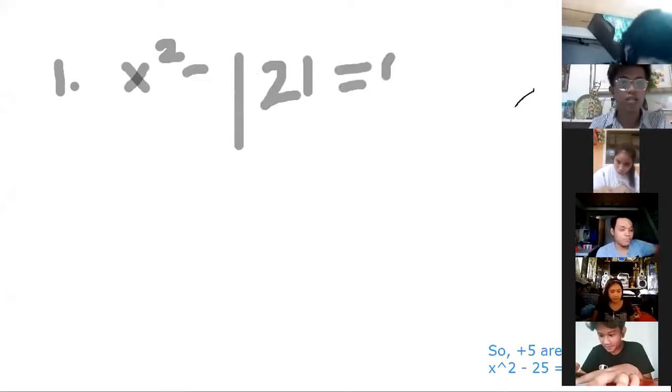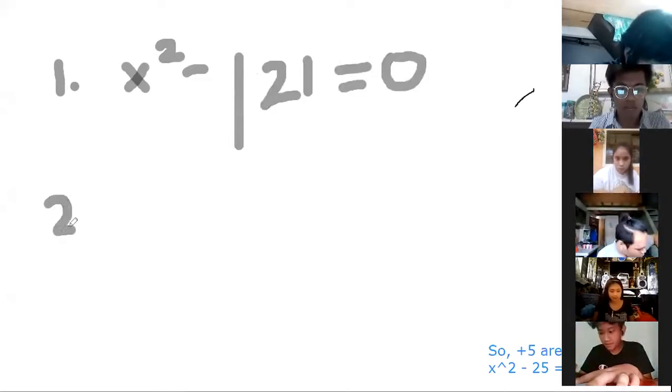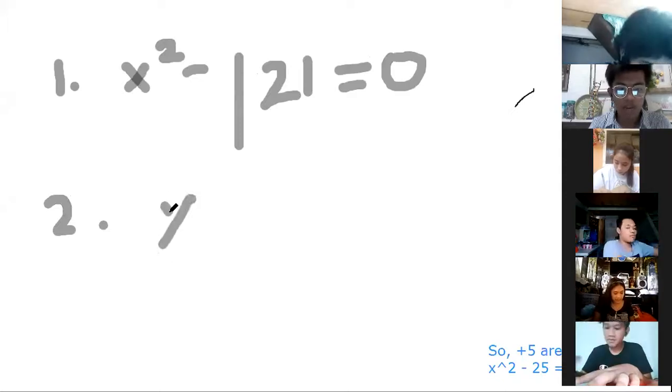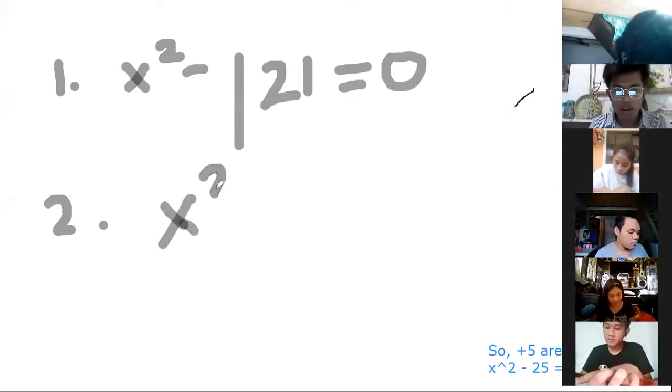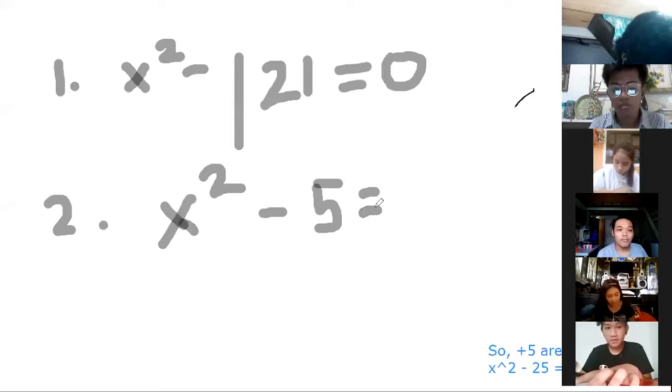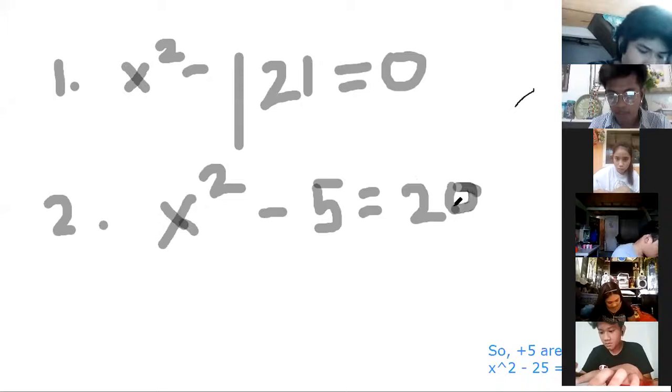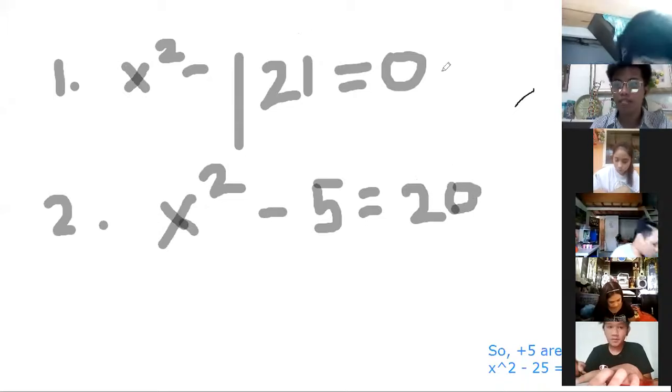Okay, kopya na maayos po. Number 2. Okay. X squared minus 5 is equal to 20. Nakopya na po ba, class?